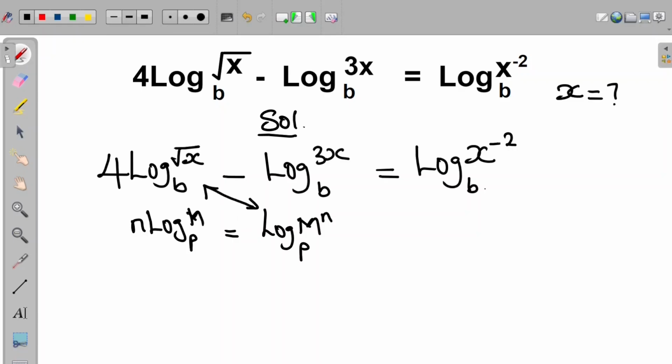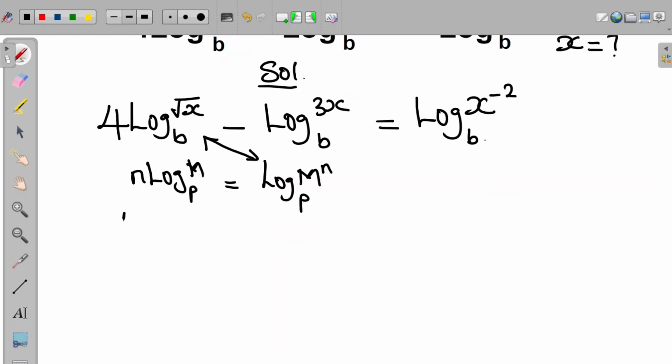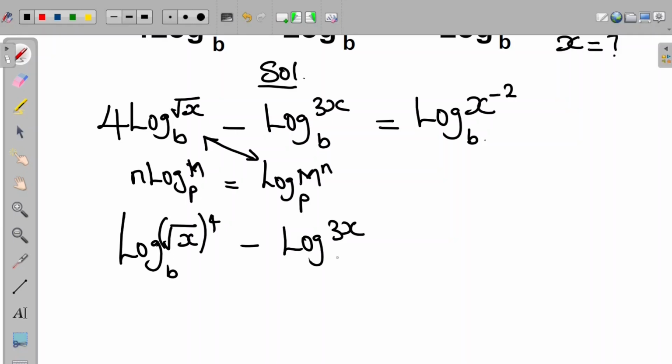So this becomes log root of x all raised to the power of 4 to base b minus log 3x to base b equals log x raised to the power of negative 2 to base b.